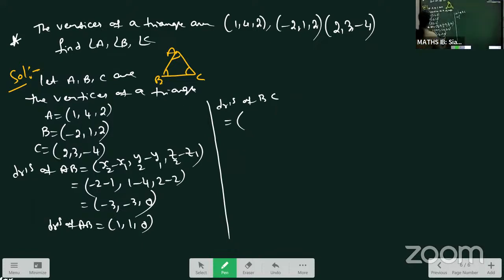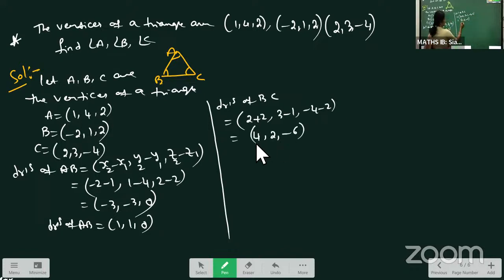So directly: 2 minus of minus 2 is plus 2, and 3 minus 1, minus 4 minus 2. So we are getting 4, 2, minus 6. Here again, every term is a multiple of 2. Take 2 common: 2, 1, minus 3. This is the DRs of BC.